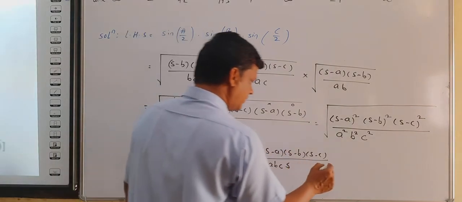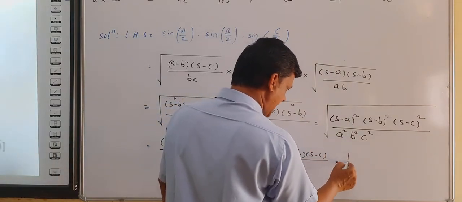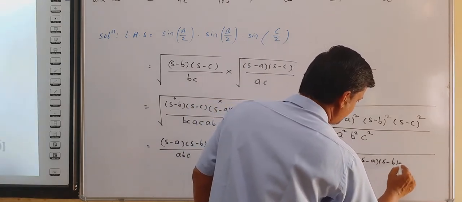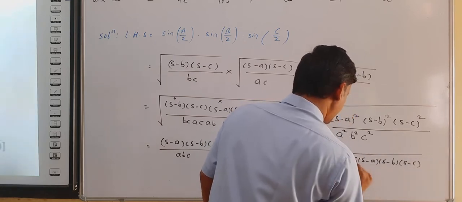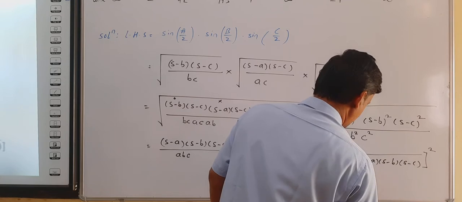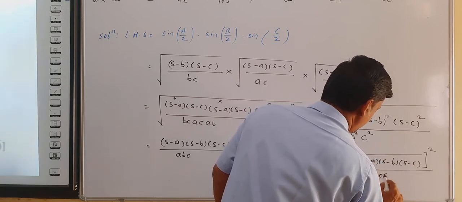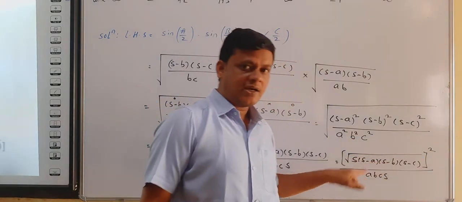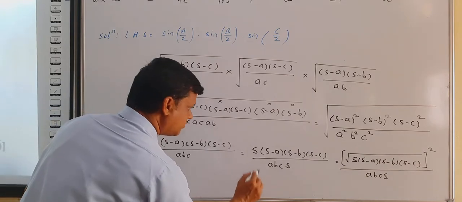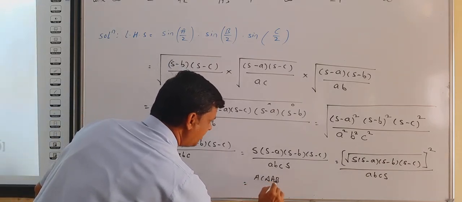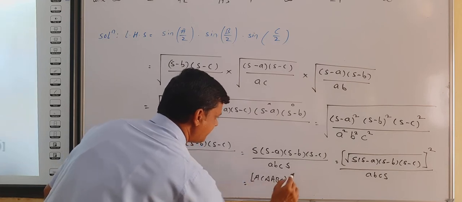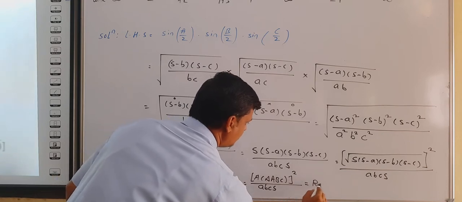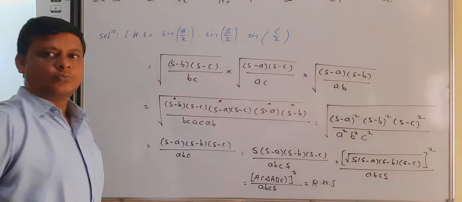So we write this in square form as (s minus a)(s minus b)(s minus c) into s upon abc into s, because square and square root get cancelled. Now this is the area of triangle, so in that place we write area of triangle ABC and its square upon abcs, that is equal to RHS, which we have to show.